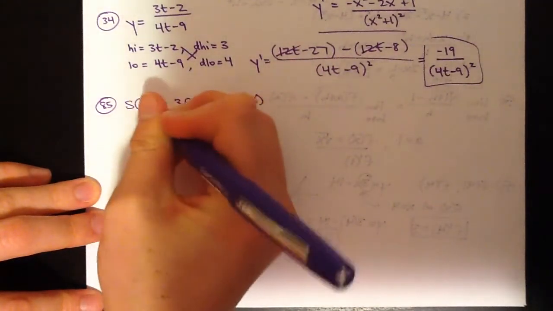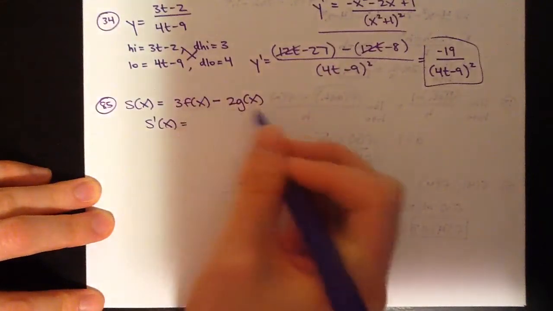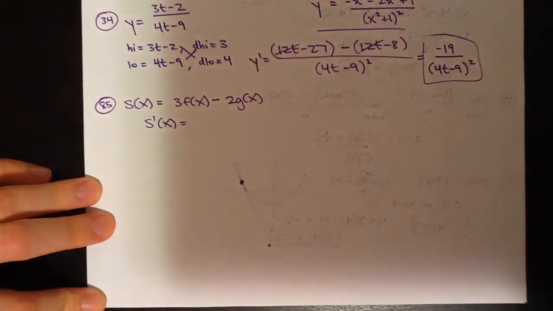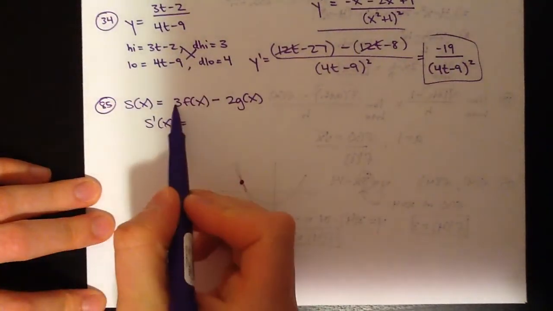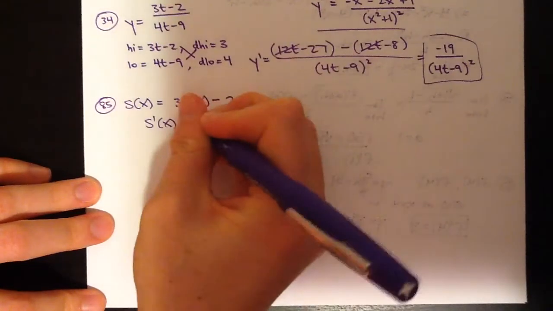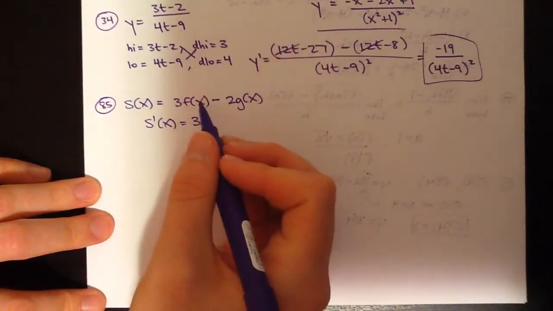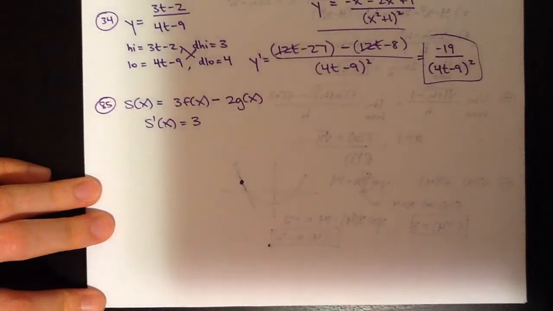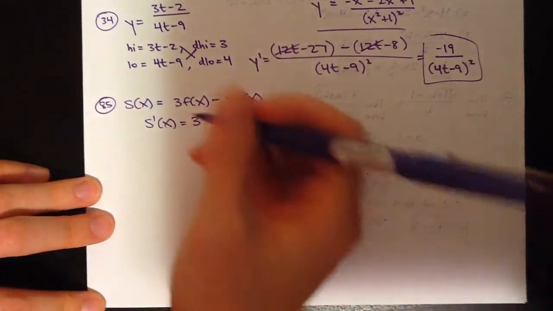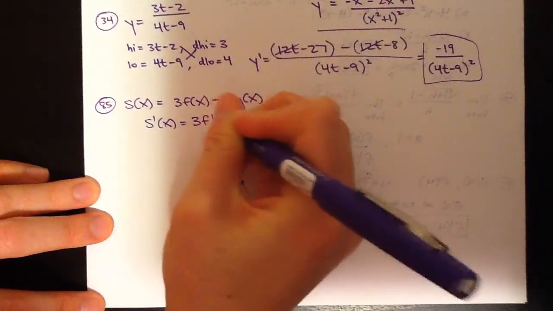So s prime, for this function right here, we basically are just doing a constant multiple rule. Like 3 is a constant, you just leave it out front, and then you take the derivative of this function. Now again, we don't know what f of x is, but in generic notation, the derivative of f of x would just be f prime.